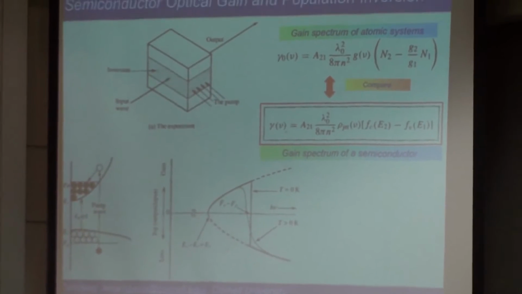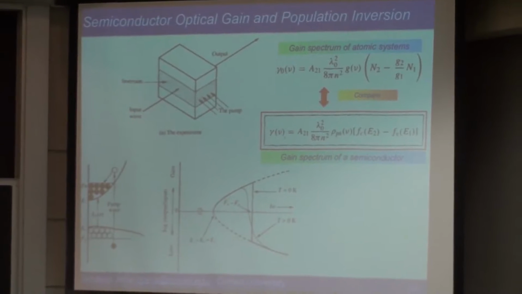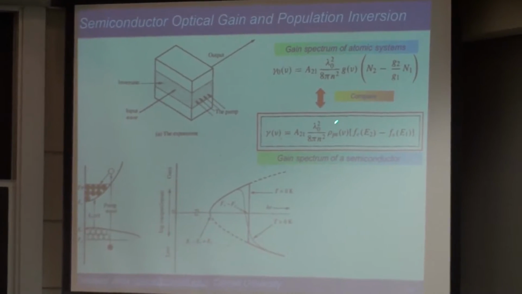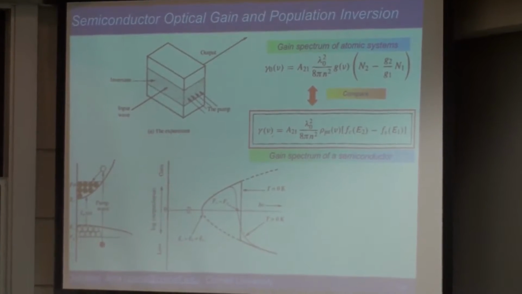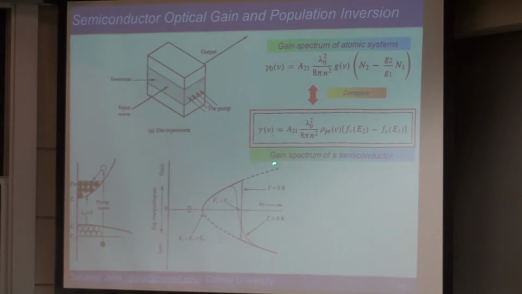It's all a play on these coefficients here. Which device you wish to make depends on how you design these terms inside here. So that's why we're going to spend a little time understanding how the gain spectrum, which we're going to see is the inverse of the absorption spectrum of a semiconductor, comes about.